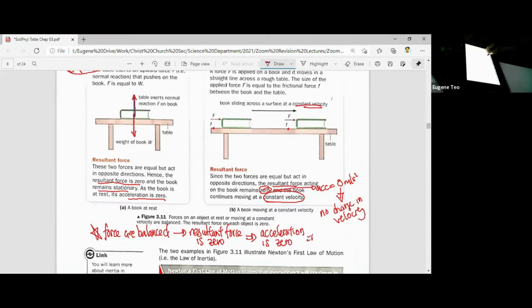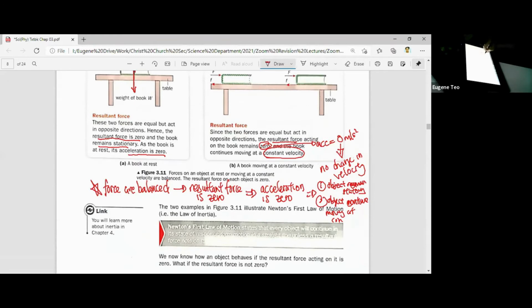And when the acceleration is 0, there can be two consequences. It's either the object remains stationary, or the object continues moving at constant velocity.